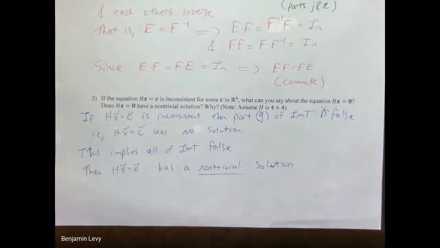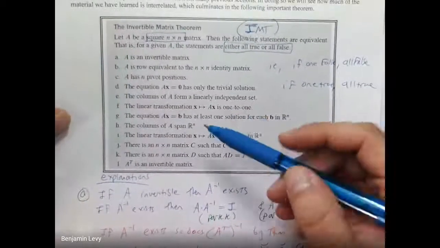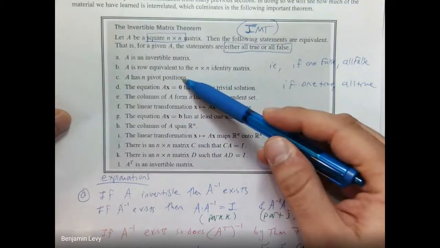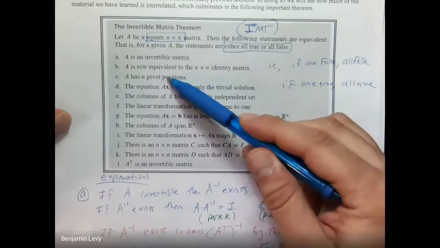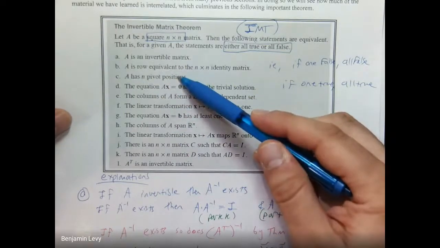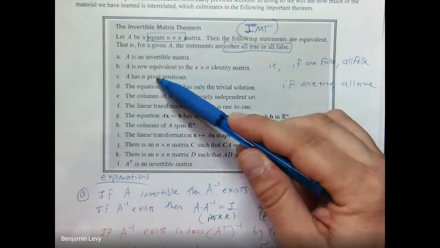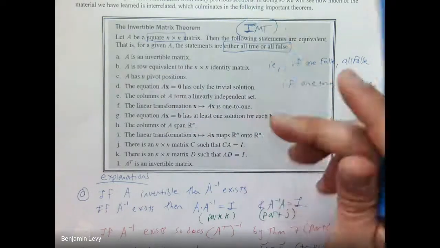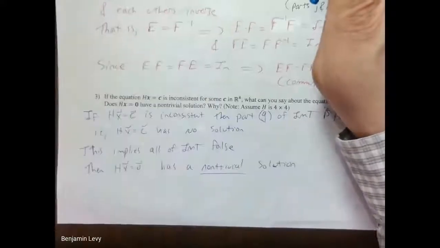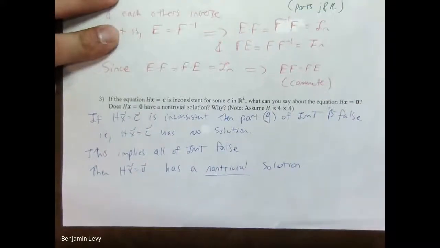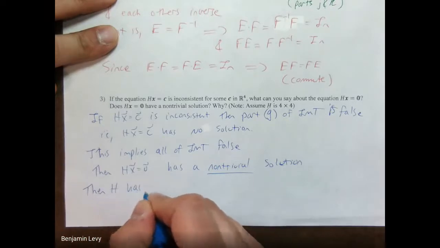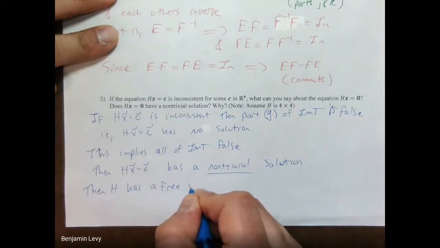One of the things in the IMT is that there are no free variables, n pivots. So if they're all false, it has not n pivots, which means there's a free variable. And if there's a free variable, AX equals 0 is going to have infinitely many solutions. So H has a free variable.